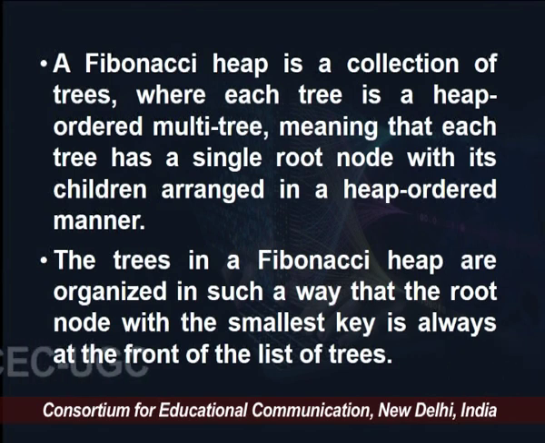Also, the trees in the Fibonacci heap are arranged in such a way that the root node with the smallest key is always at the front of the list of trees. This kind of arrangement is also possible when we talk about Fibonacci heap.